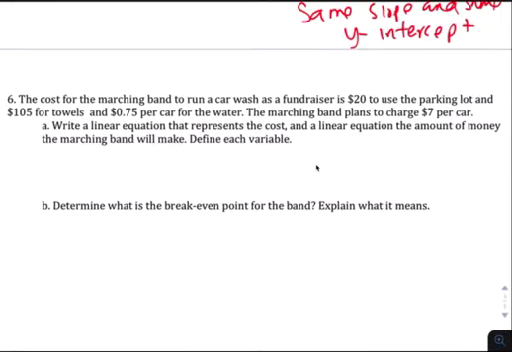Cost of marching band to run a car wash fundraiser is $20 to use the parking lot and $105 towards towels and 75 cents per car.